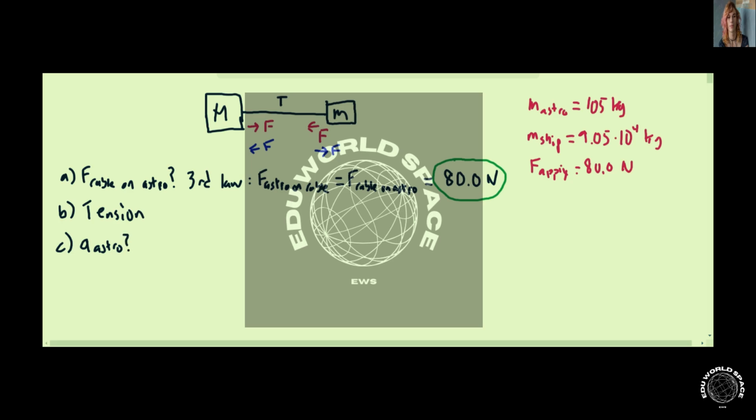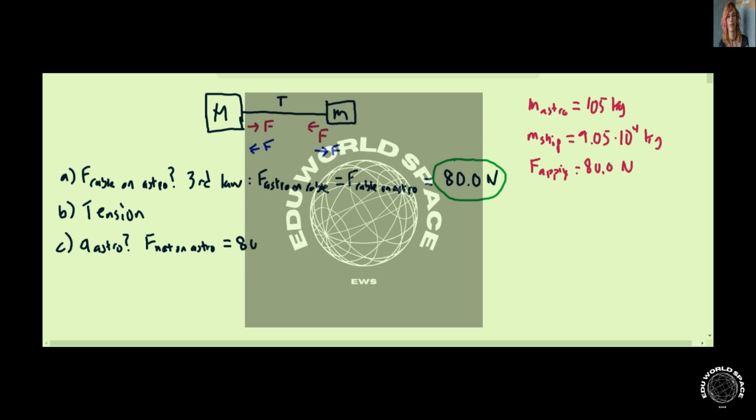And part C, what is the acceleration of our astronaut? We can get that from F equals ma. So the net force on our astronaut, we found to be 80 newtons.